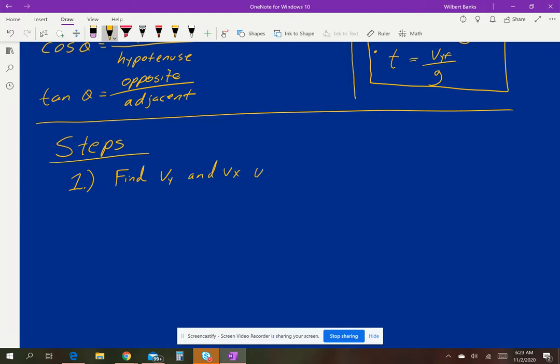You're going to do that using sine, cosine, and tangent properties. Okay, that's the first thing I'll do. The next thing that you can easily do after that is find time.